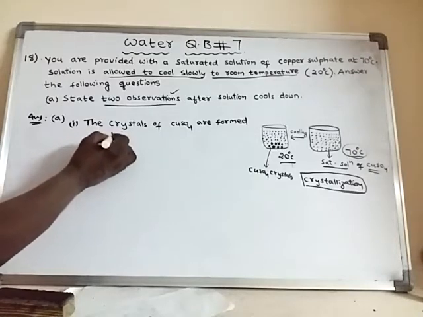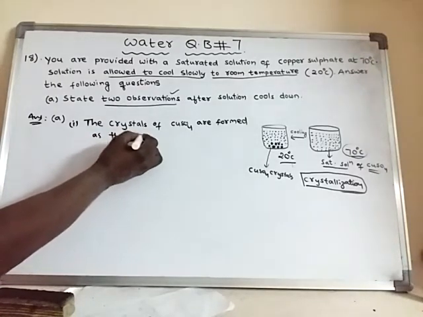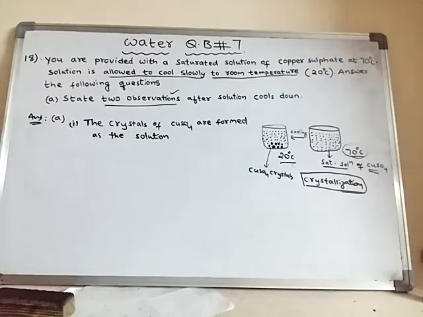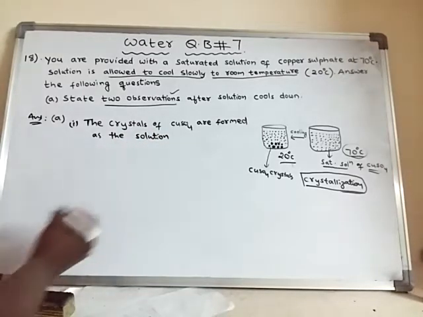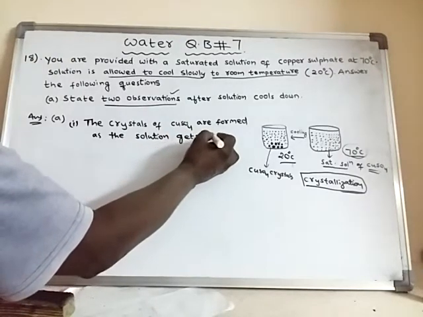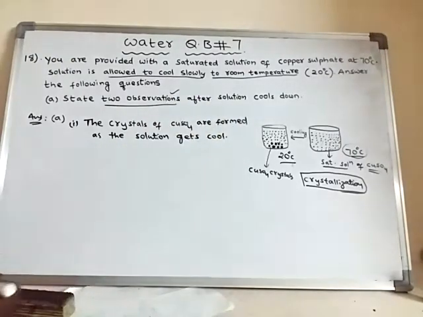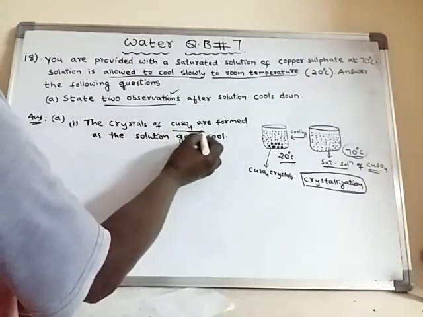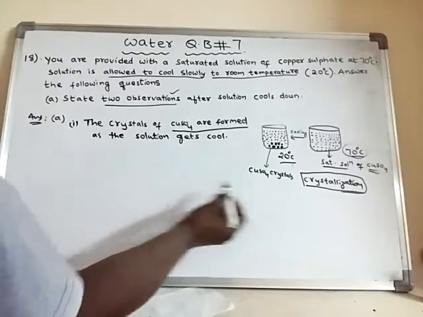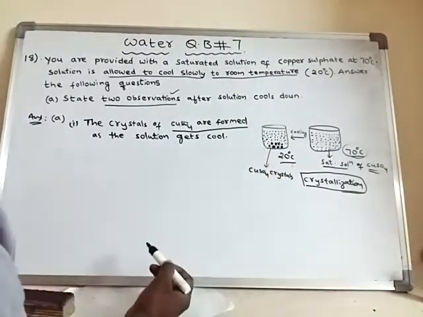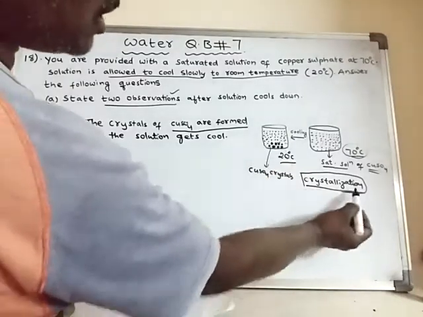As the solution gets cooled, the crystals of copper sulfate are formed. That means crystals of copper sulfate are crystallized out, and the process is known as crystallization.